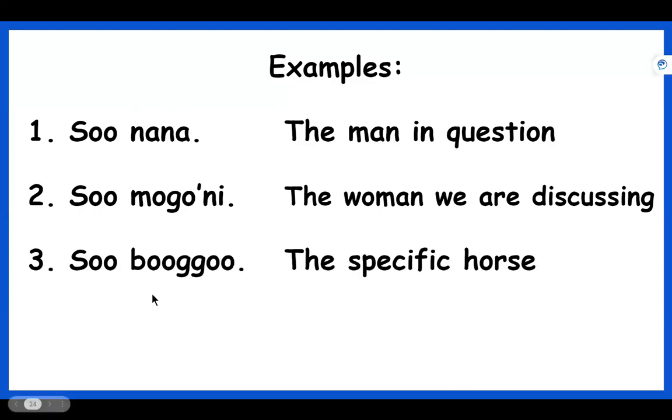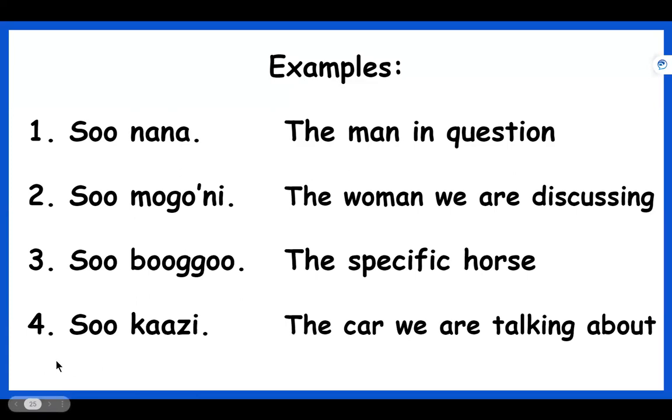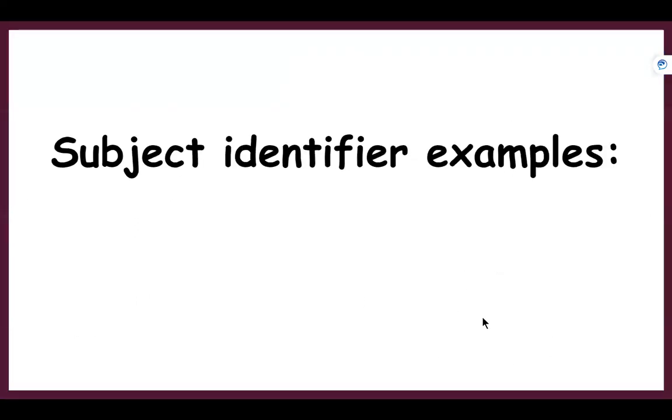Number three, supuku. Supuku means the specific horse. Number four, sukazi, the car that we are talking about. So the thing in question, the thing we're discussing, a specific object or subject.